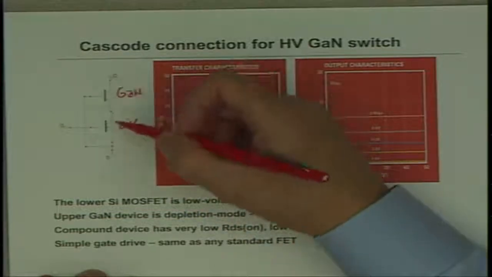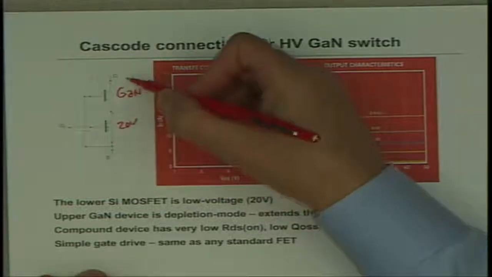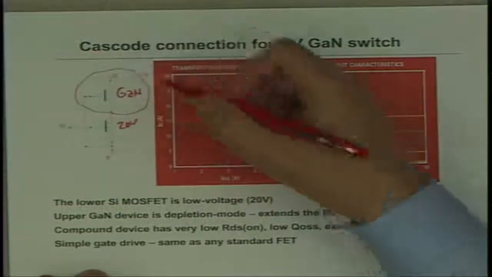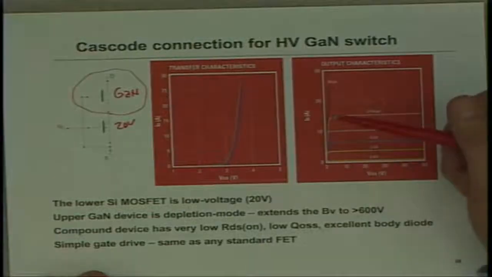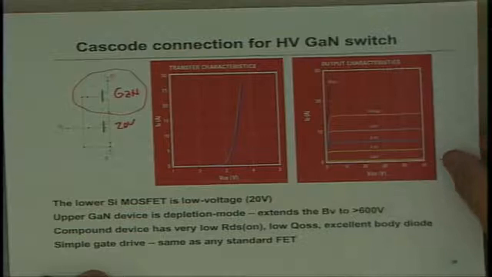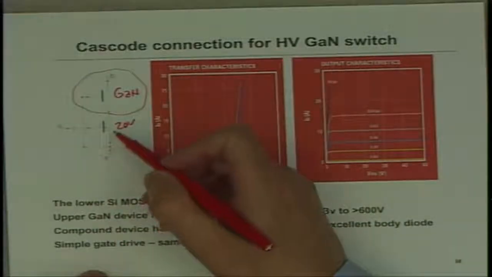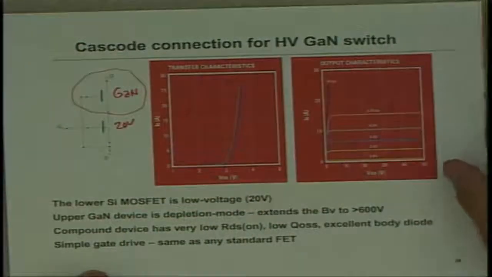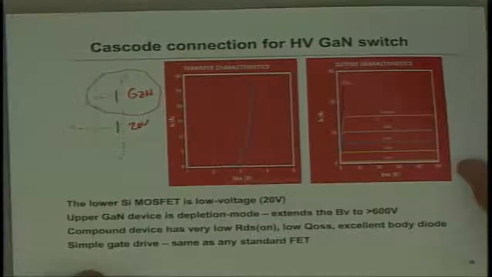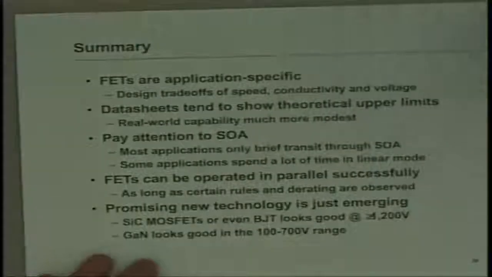It now becomes a 600 volt silicon switch with very high performance by adding the GaN. It's called a high electron mobility transistor, a HEMT, on top of that. And you can drive it with standard gate drive. So this behaves like a normal FET, but has much higher performance. And I guess we're out of time here.